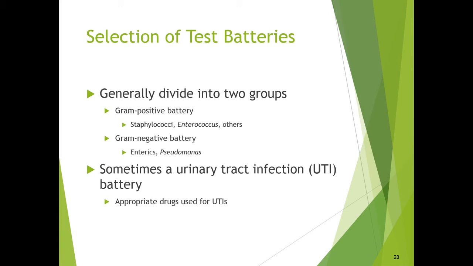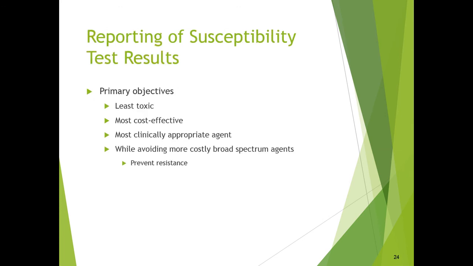They may have a completely separate battery for an organism isolated from the urinary tract. So keep that in mind. Some drugs are only used for urinary tract infections, so they would be incorporated in this sensitivity panel, but not incorporated into a panel used for, say, a wound or a sputum.